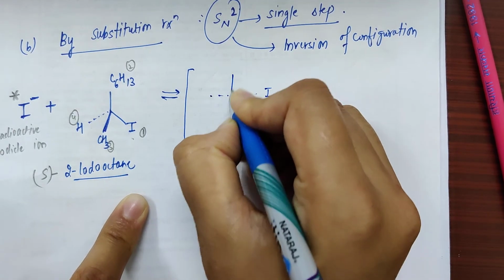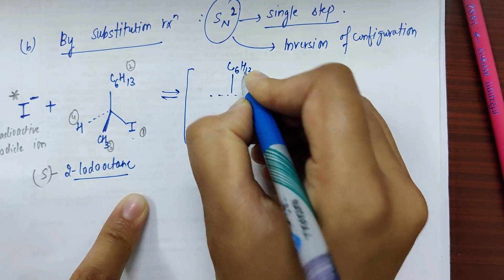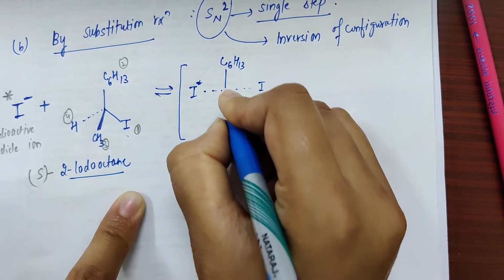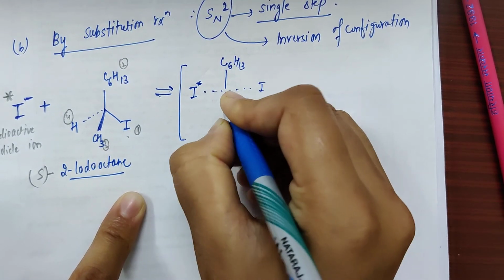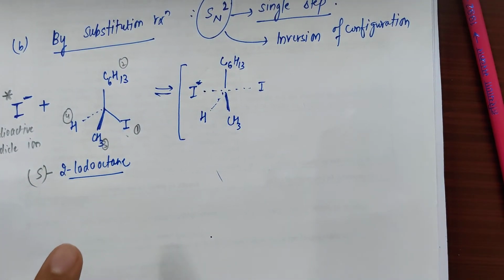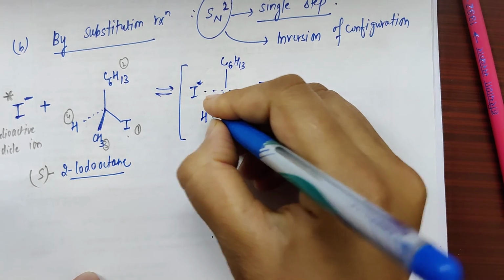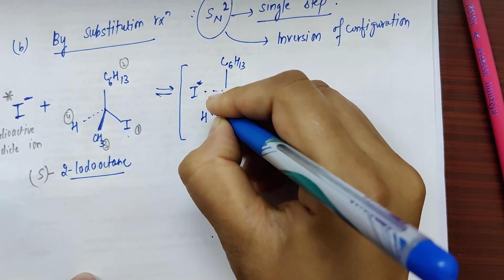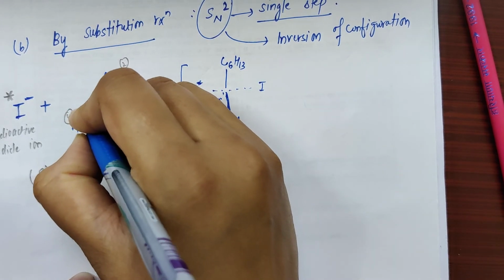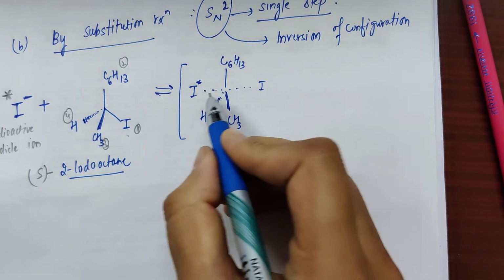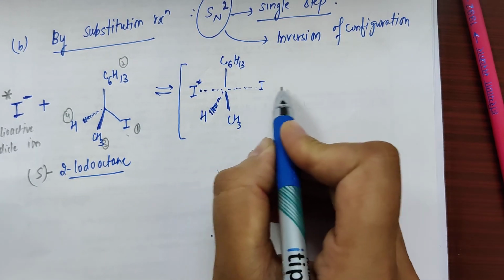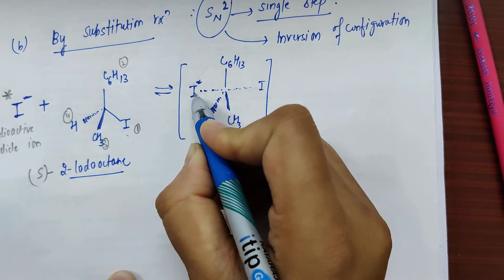This bond is breaking, this bond is forming, okay, and methyl group is toward the viewer and your hydrogen is away from the viewer. So this is actually representing that the hydrogen is away from the viewer, okay, and these dotted lines represent the extended bond. This bond is breaking, this bond is forming.